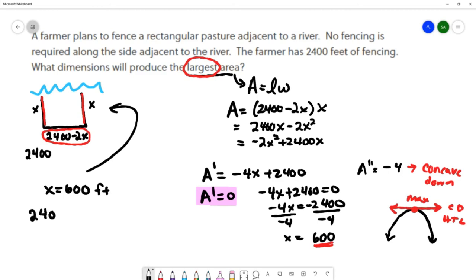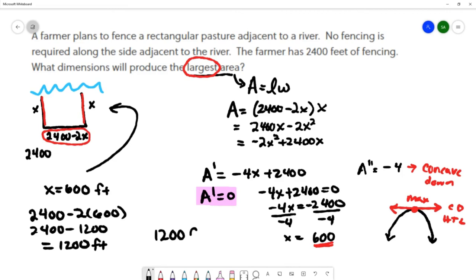That's 2,400 minus 2 times 600. 2,400 minus 1,200 is 1,200 feet. So the dimensions of the pasture will be 1,200 feet going parallel to the river and 600 feet going perpendicular to the river.